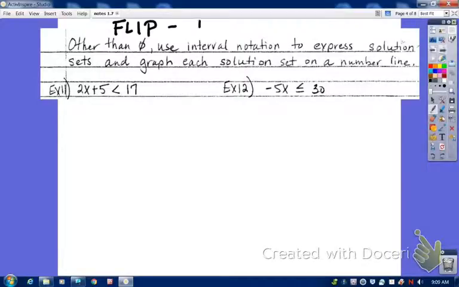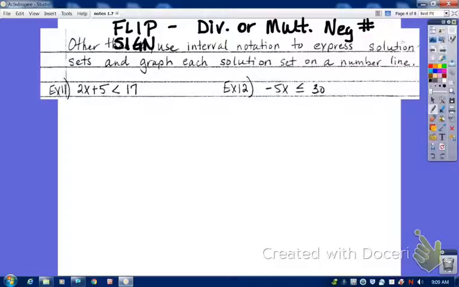So I agree with dividing by negative, but it's also dividing or multiplying by a negative number. Anytime we're solving an inequality, that means a less than or a greater than problem, and we divide or multiply by a negative number, that's going to flip your inequality sign.